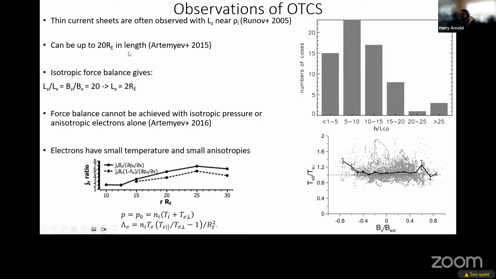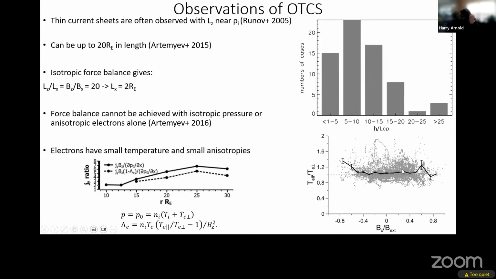And so this suggests that you need something more than isotropic pressure to achieve the actual aspect ratio of these current sheets. And so one thinking has been, well, maybe it could be the electrons. If you have anisotropic electrons, that could then provide you with the remaining force balance. And so there you have this Artemiev et al. 2016 paper.